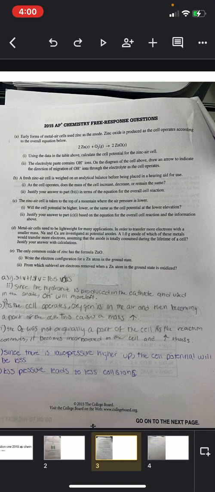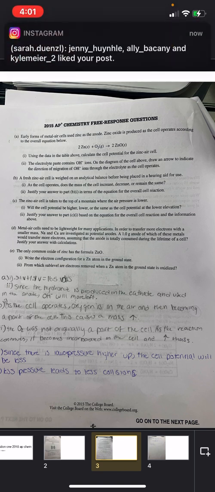So there would be fewer collisions. This would lead to lower cell potential because we know that the more collisions there are, the more cell potential.